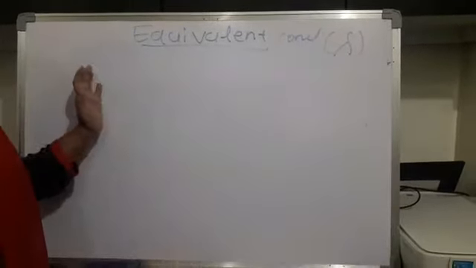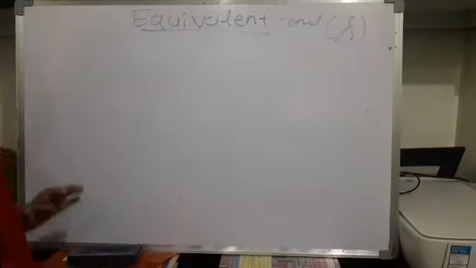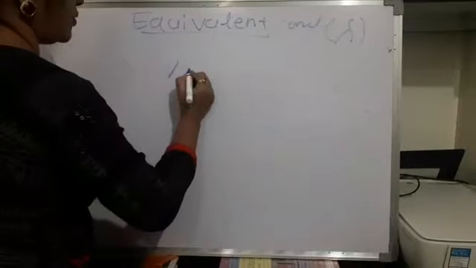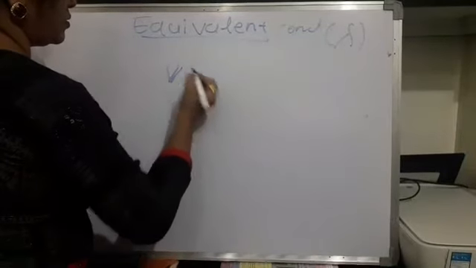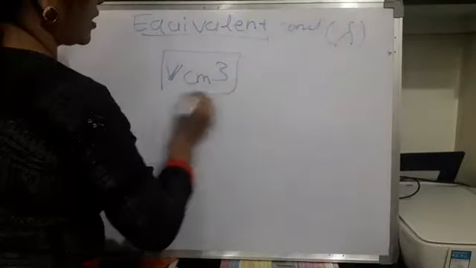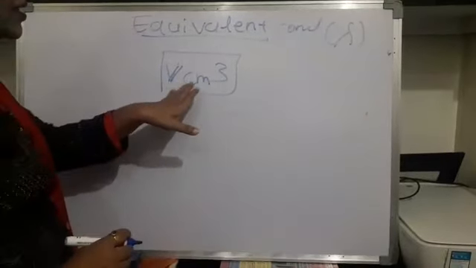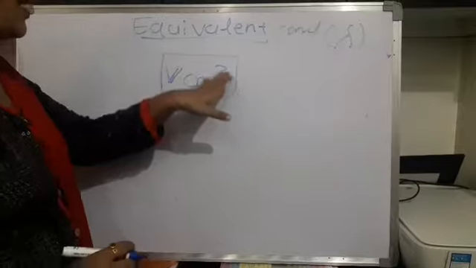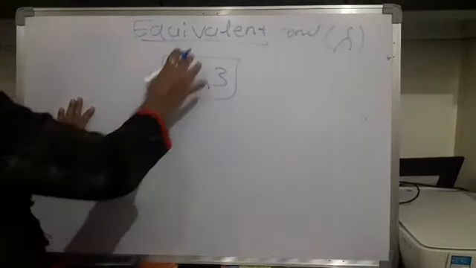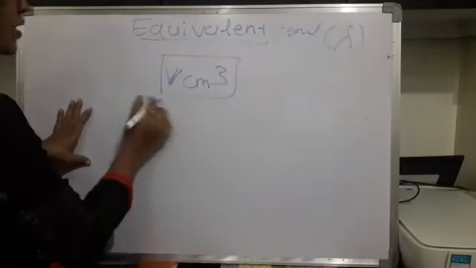It is called the equivalent conductance, and the volume is V equal to V centimeter cube. The equivalent conductance for V centimeter cube is interrelated with the specific conductance.